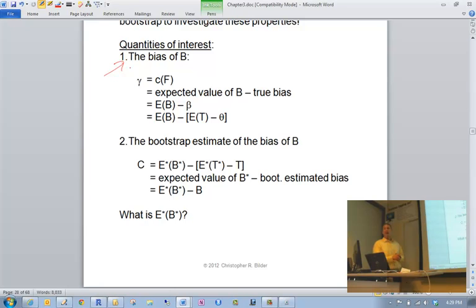The bias of B. How about we just call it gamma? It's the book's notation. It's a statistical function too, C of F. So in other words, what's the bias of B? The expected value of B minus the true bias. In other words, the expected value of B minus beta, or the expected value of B minus the expected value of T minus theta.